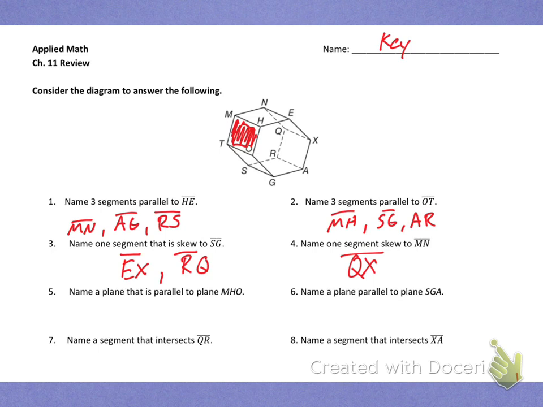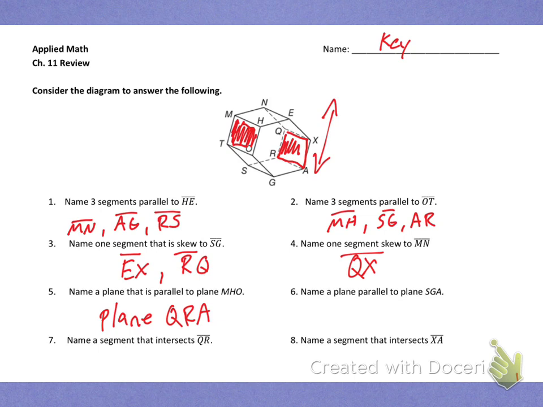So if I have this guy right here, these are never going to touch if they go up or down. Okay? So I would name that plane QRA. Now you could also use any variation of X, AR, X, RA, things like that, as long as you have those 3 of the plane letters in there.